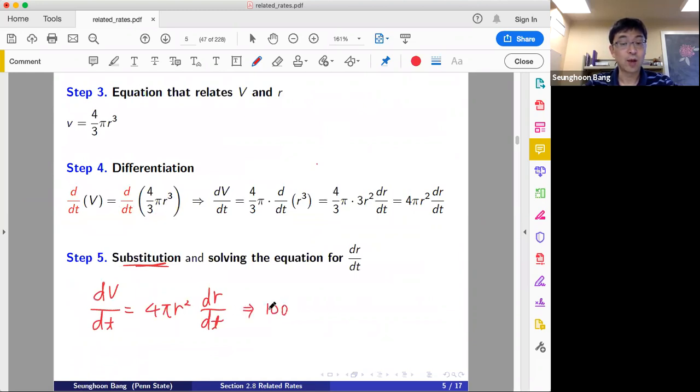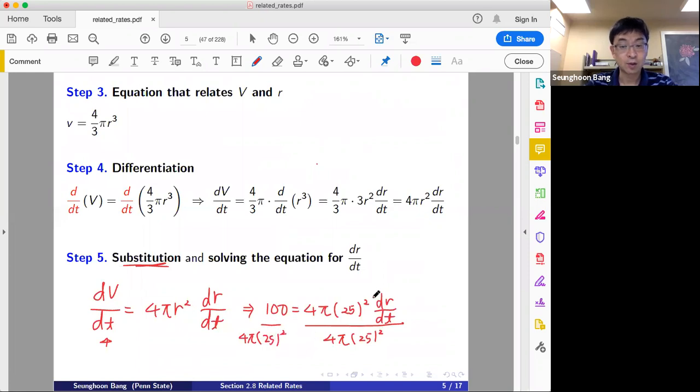Plug 100 into dV over dt equals 4 pi times the radius, 25 squared, times dr over dt. So like this. Next, divide both sides by the coefficient of dr over dt, which is 4 pi times 25 squared.